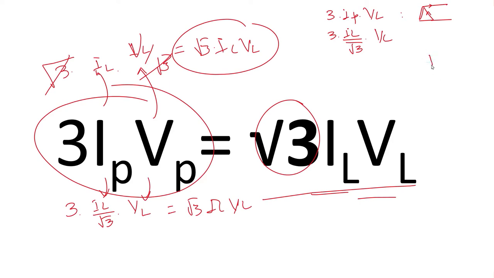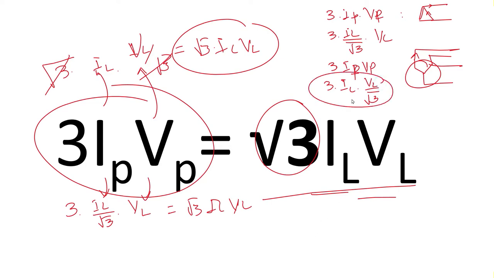If we are having a star, here 3 IPVP would be equal to, now this current is not divided, so IP is equal to IL, but VP is now divided, so VL divided by under root 3. So in both cases we get this answer for 3 phase.